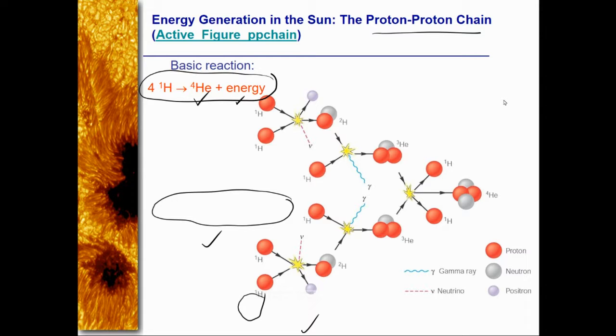You have one proton, and around it, you have an electron. So in the idea of fusion here, we're going to bring two hydrogen atoms. Of course, they're stripped of their electrons, and you try to fuse the nucleus of each atom.